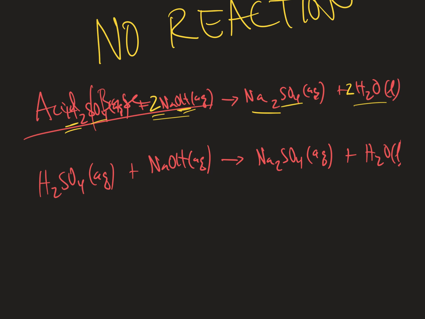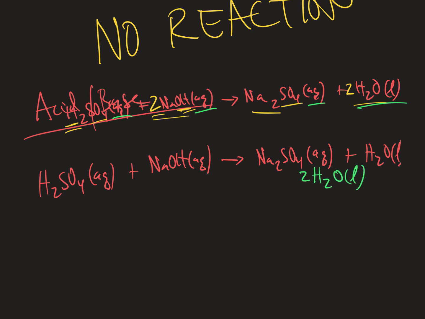Now let's write the net ionic equation. Does this one split apart? Yes, it does. This one splits apart. This one splits apart. Does this one split apart? No, because it's not aqueous. So I can do the same thing here, guys. What's my end product? H2O is a liquid.